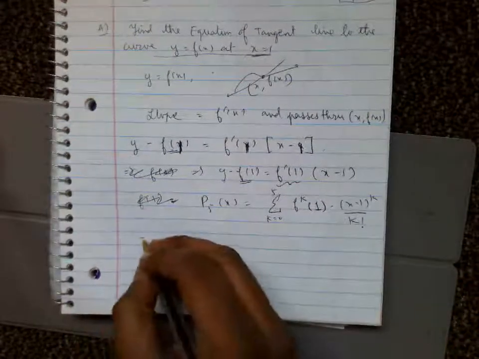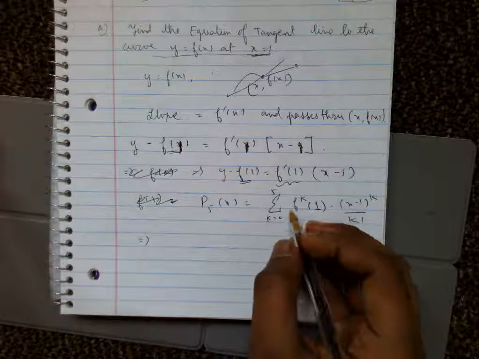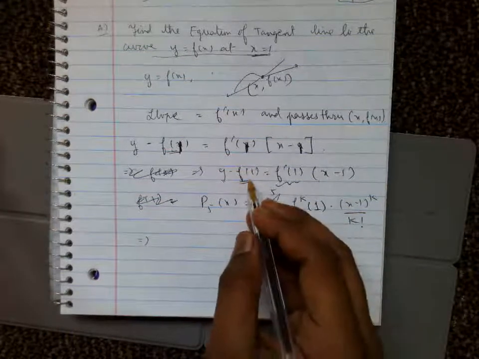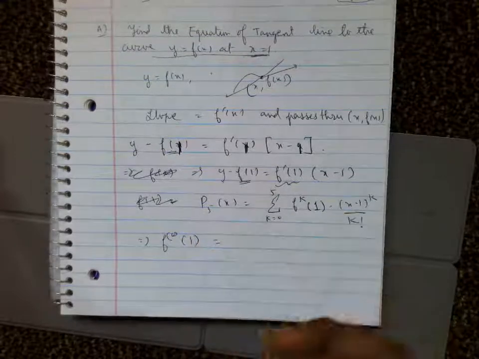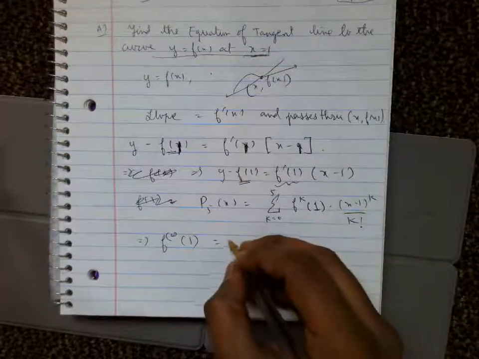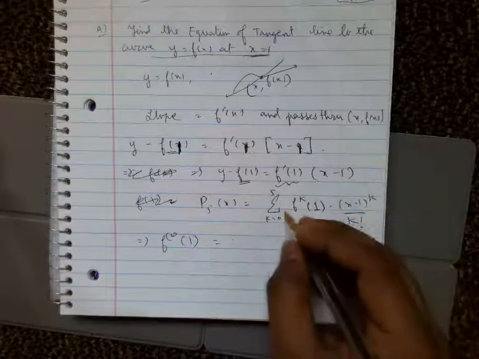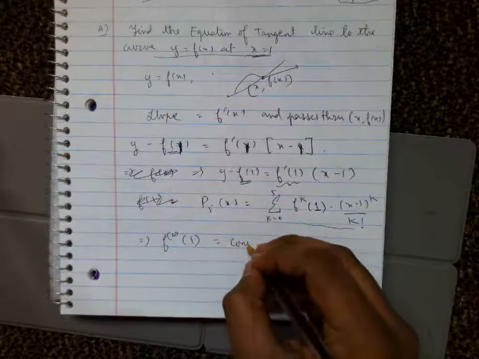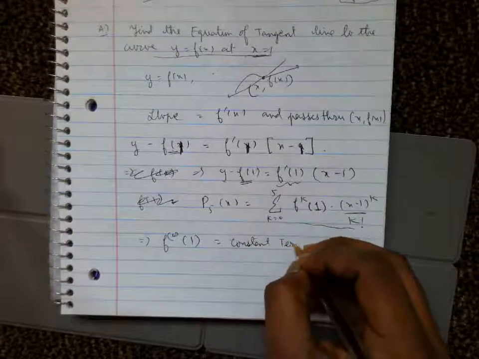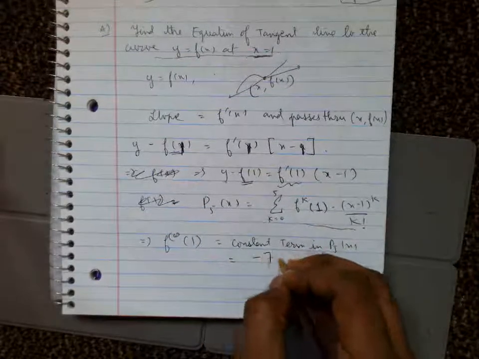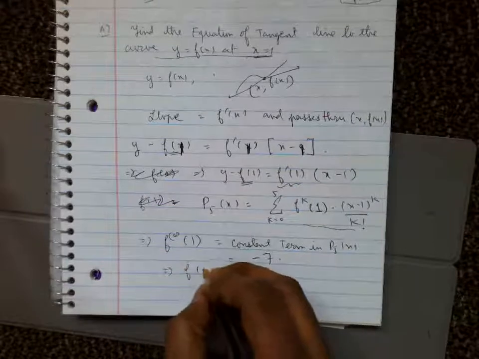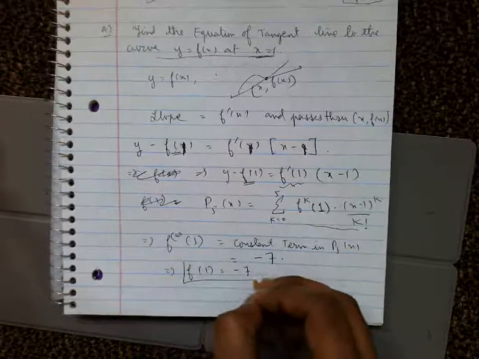So if you want the zeroth derivative, which is f of 1, it is the constant term in P5 of x, which is minus 7. So that just means that f of 1 is minus 7.